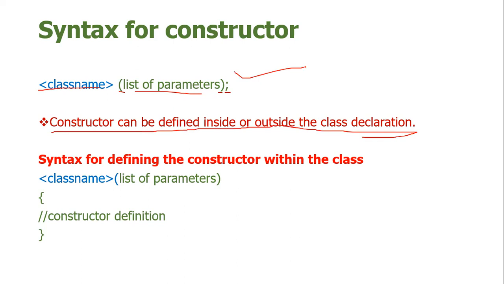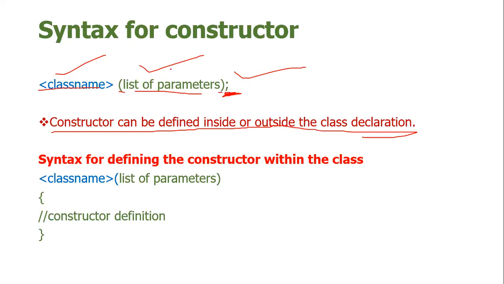What we discussed so far is just declaring constructors: it has only the class name, a list of parameters, and ends with a semicolon. But once we declare the constructor, we should define it. The definition may be of two types: we may define the constructor inside the class, or outside the class.